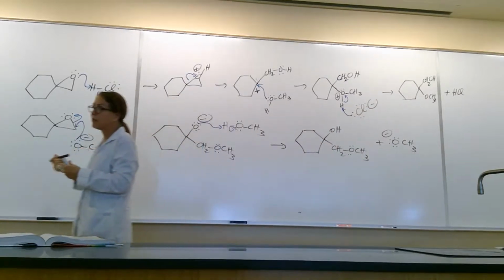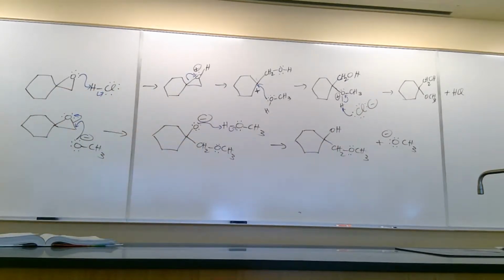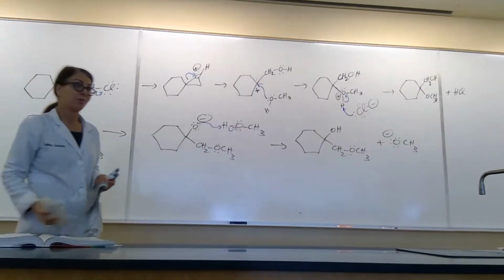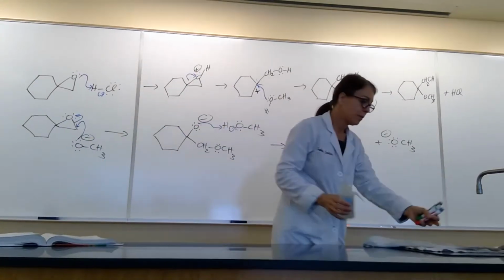It's exactly like the previous question. Now, if they didn't put CH3OH, we would just add the Cl, that's it. But if they put CH3OH, make sure you use that as the second reactant.